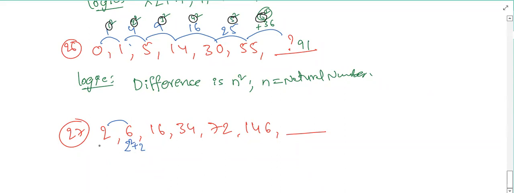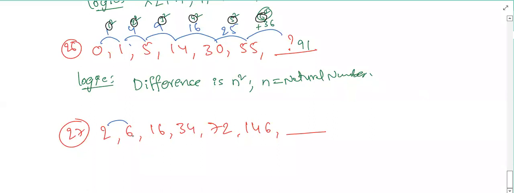Maybe with this logic we may find this one like this, right? 1 square plus 1, 2 square plus 2. But is it satisfying 3 square plus 3? No. No, means it cannot be the logic. Any other? No.